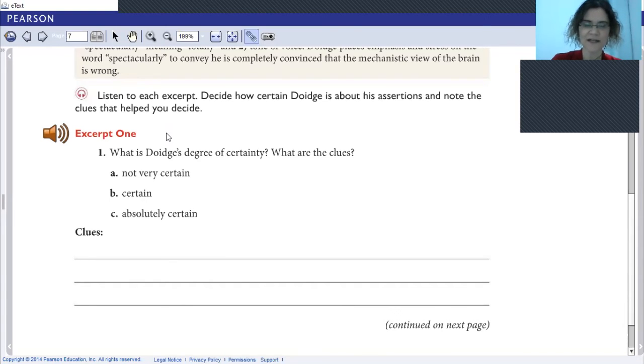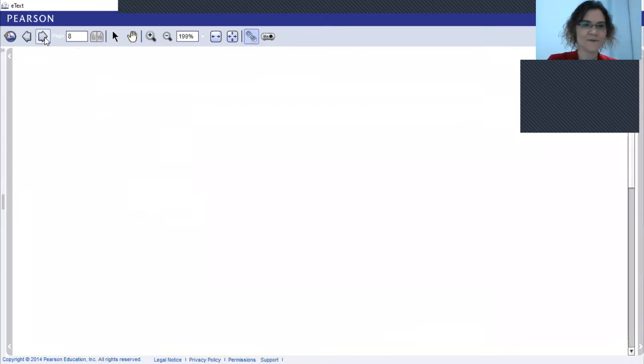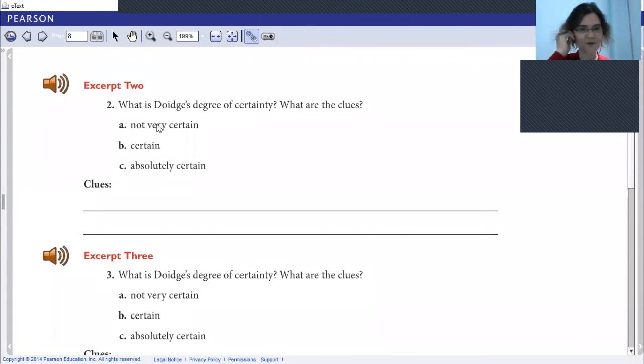And can you tell me what the clue is, or what made you choose C? He replies right after the statement is given, and he used the repetition of very. Very good. Cool. Yeah, exactly. And he emphasizes very strongly on the word very. Yeah, good. Well done. Okay, we go to excerpt 2.